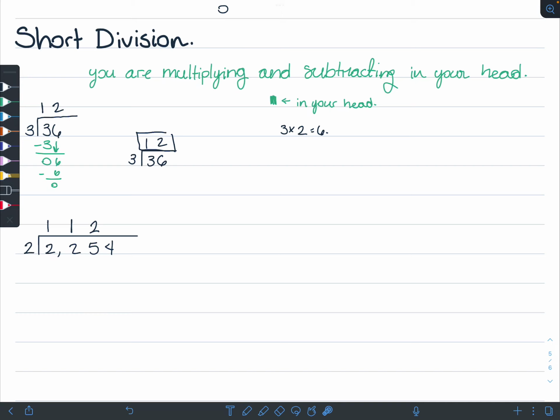We're going to bring down that 4 in our head. Now we have 14. 2 times what number gives me 14 or less than 14? 7. 2 times 7 gives me 14. And that is our answer, and we are done.